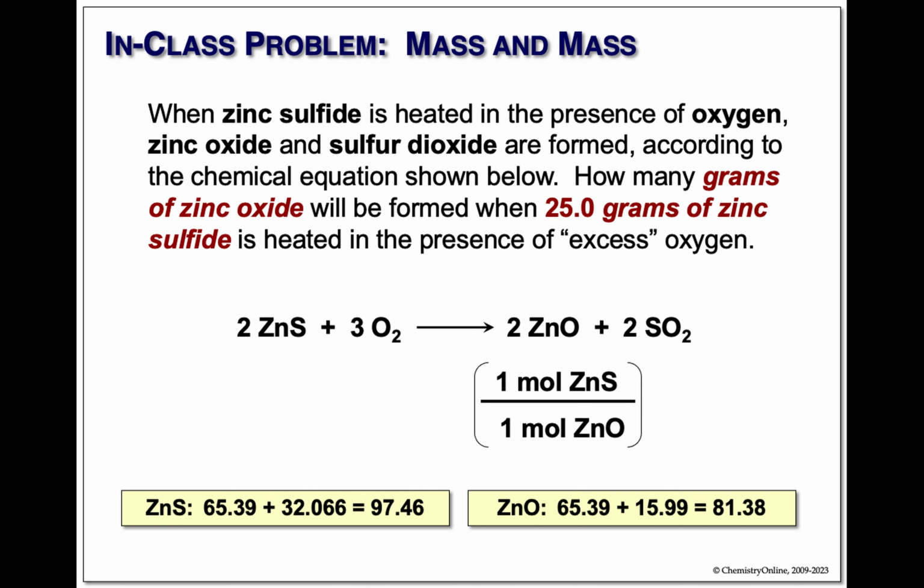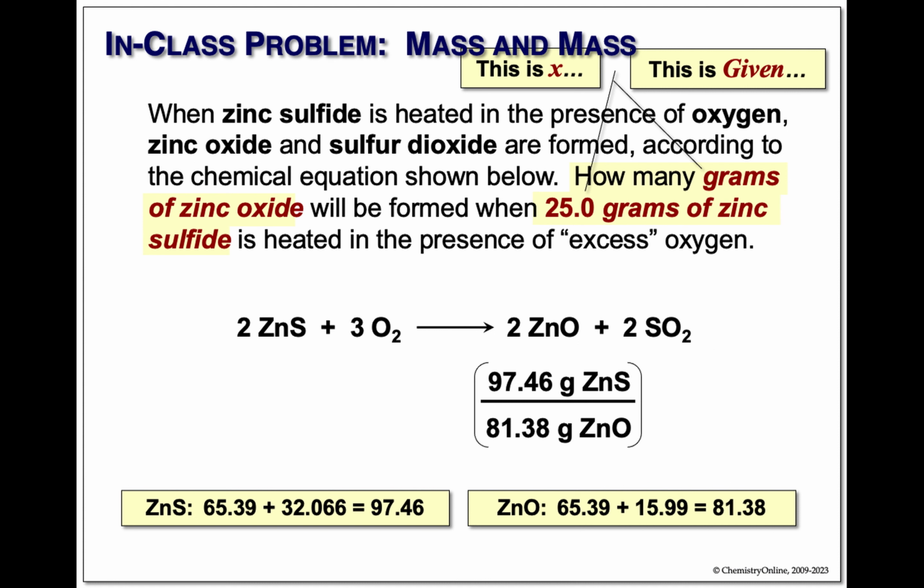Simply substitute those in. Now we do our unknown ratio. Zinc oxide is what we're looking for. Going to be on the bottom. Zinc sulfide is on the top. That's X. That's given, and that's what we write.